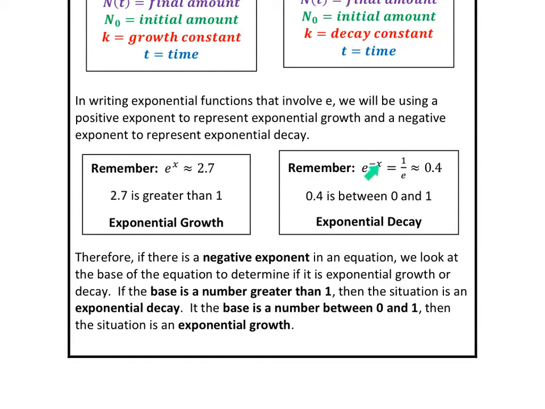But remember, if I have e to a negative, I can rewrite it as 1 over e. And 1 over e is approximately 0.4, and 0.4 is between 0 and 1. So from the last lesson, if the base is between 0 and 1, we have decay. And so we can conclude that if there is a negative exponent in an equation, we look at the base of the equation to determine if it's exponential growth or decay.